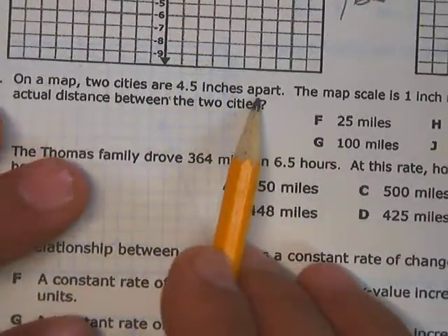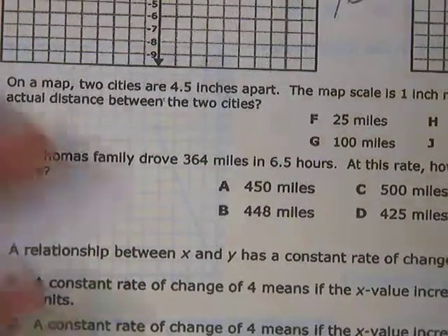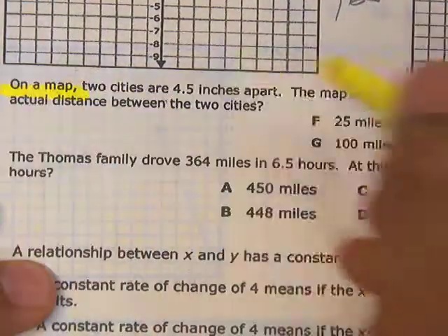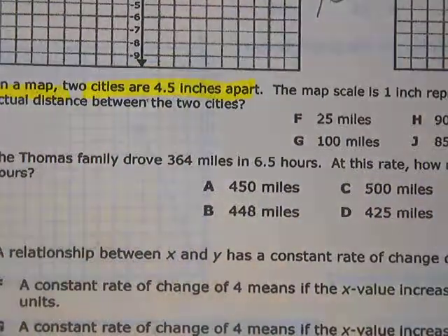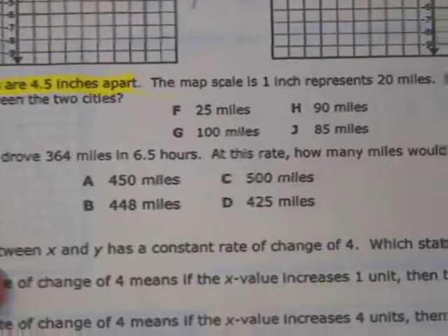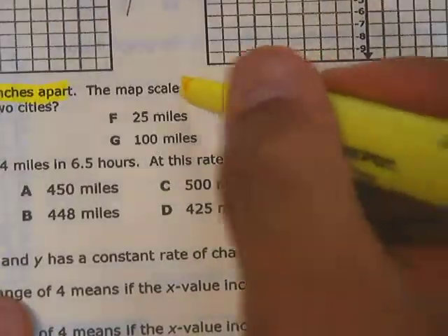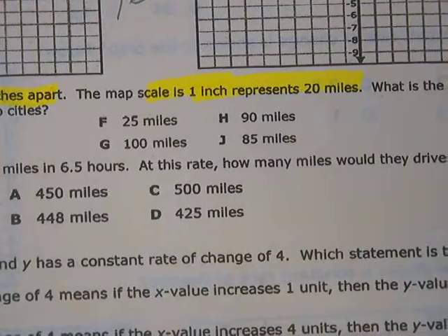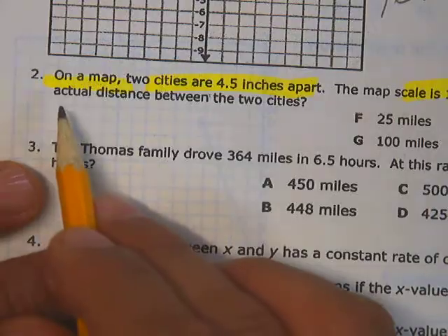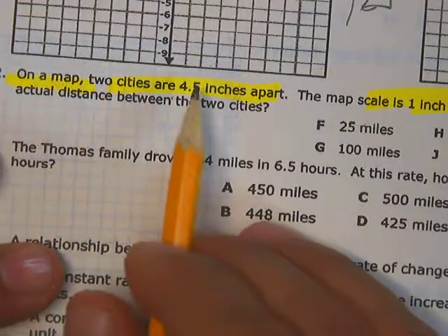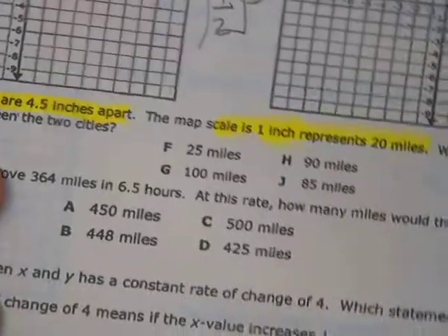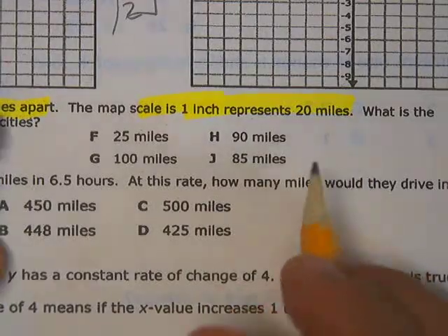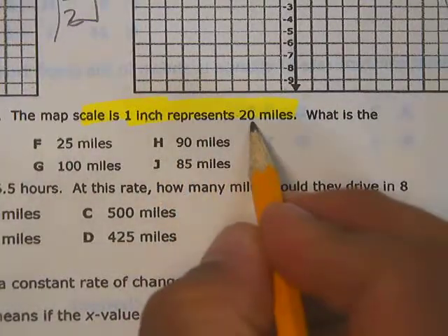Okay. Number 2 there. On a map, 2 cities are 4.5 inches apart. The map scale, 1 inch equals 20 miles. So what is the actual distance? Well, they're 4.5 inches apart.